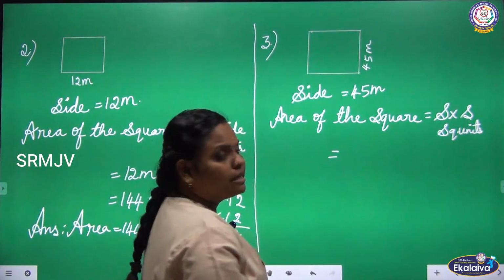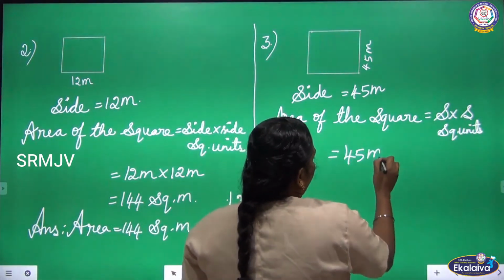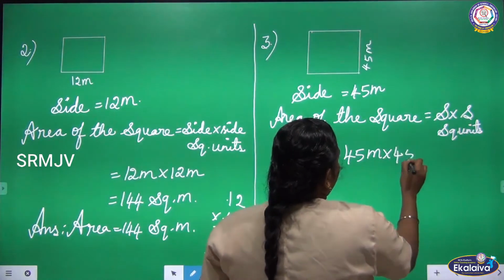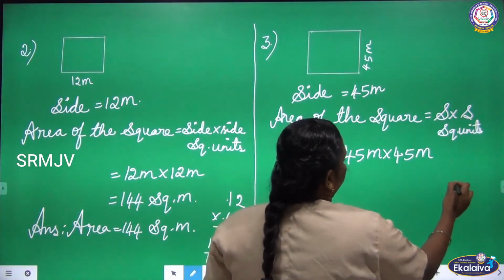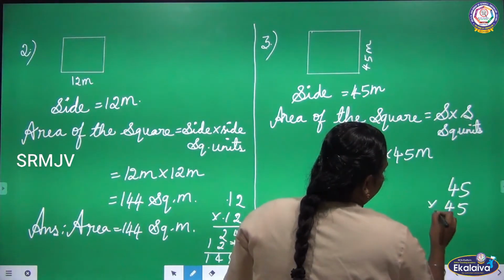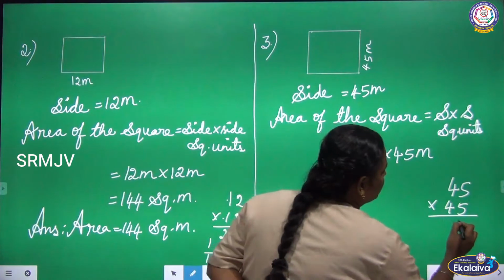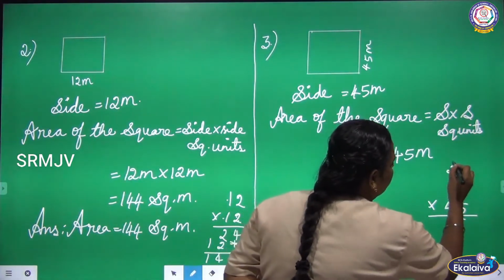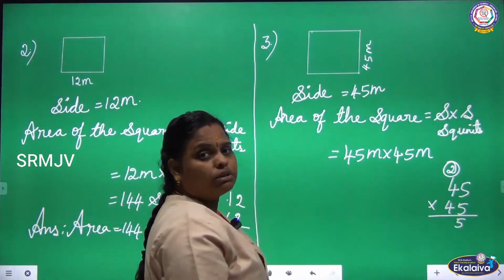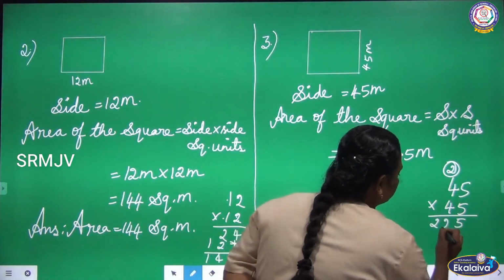So what is the side they have given? 45 meter. So we can multiply 45 meter into 45 meter. So 45 into 45, multiply: 5 5s are 25, so 5, then 2 carry over. Then 5 4s are 20, 20 plus 2, 22.